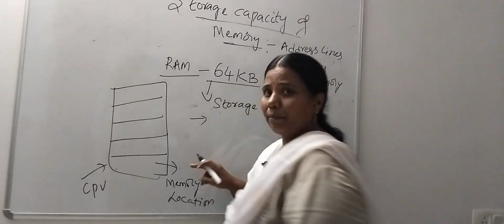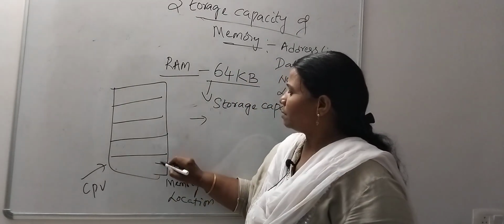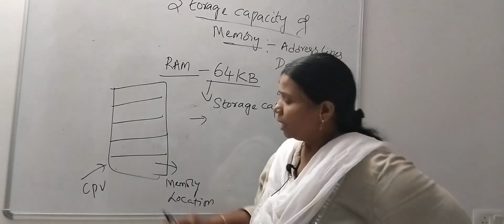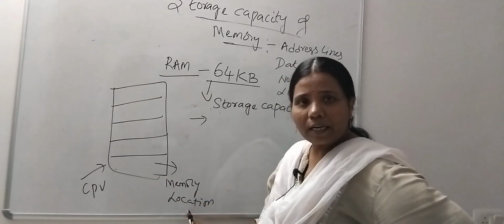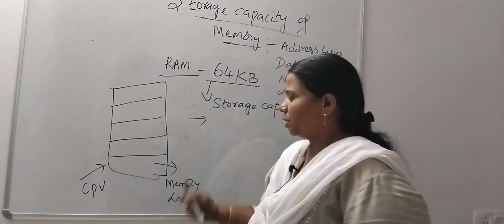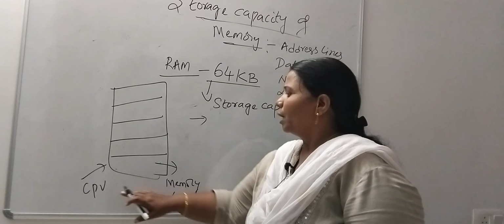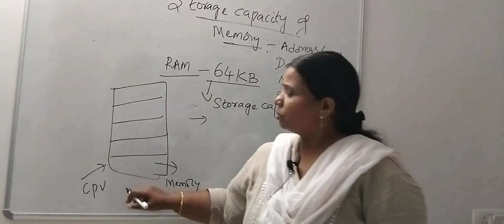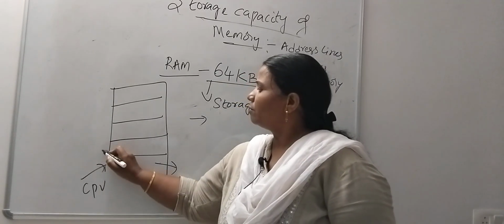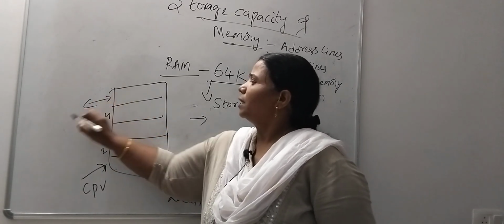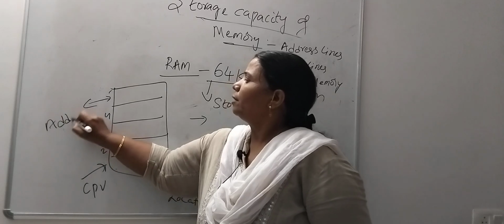Here you can take the memory with each subblock. How many does it have here? 1, 2, 3, 4, 5, isn't it? So each subblock, which we are calling a memory location, or in some books a word, is one and the same. Each location is going to have an address value. Here I am writing the address values 1, 2, 3, 4, 5. This is said to be the address of the memory location.